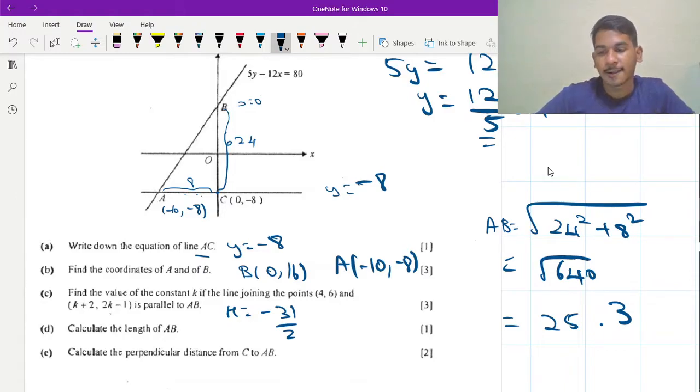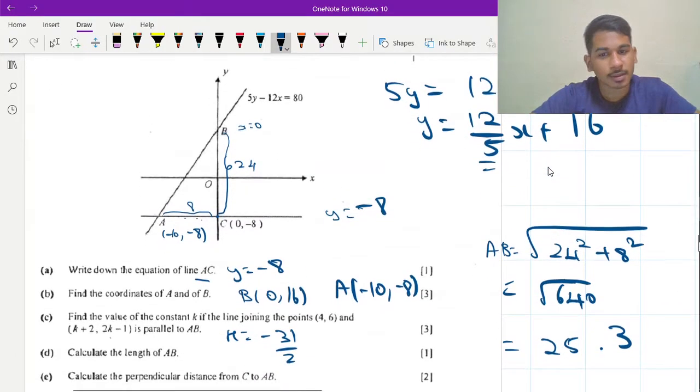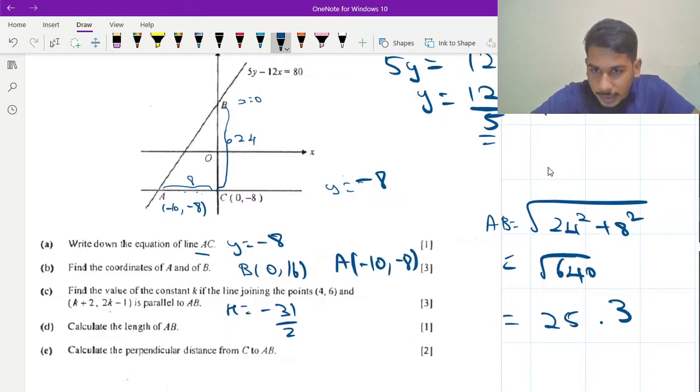Okay. Calculate the perpendicular distance from C to AB. You find this length. We know AB, but there's no point in knowing AB. We know AC.